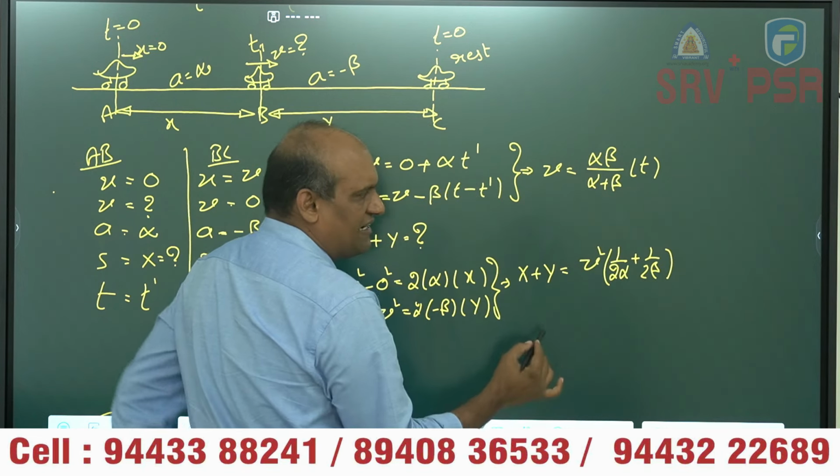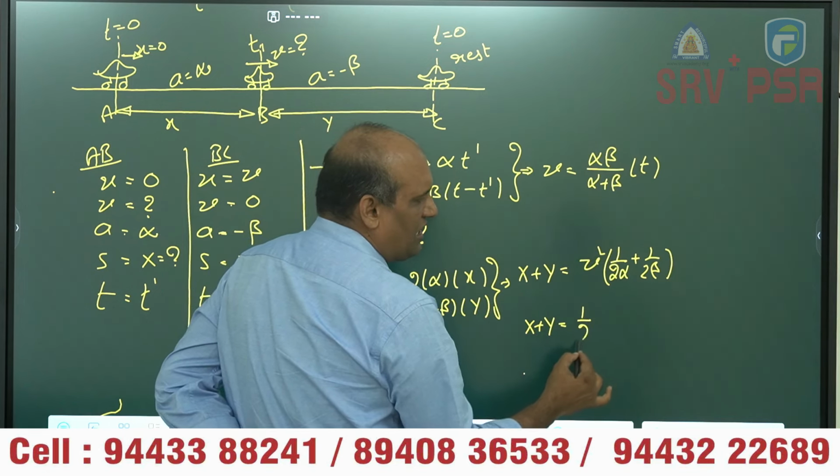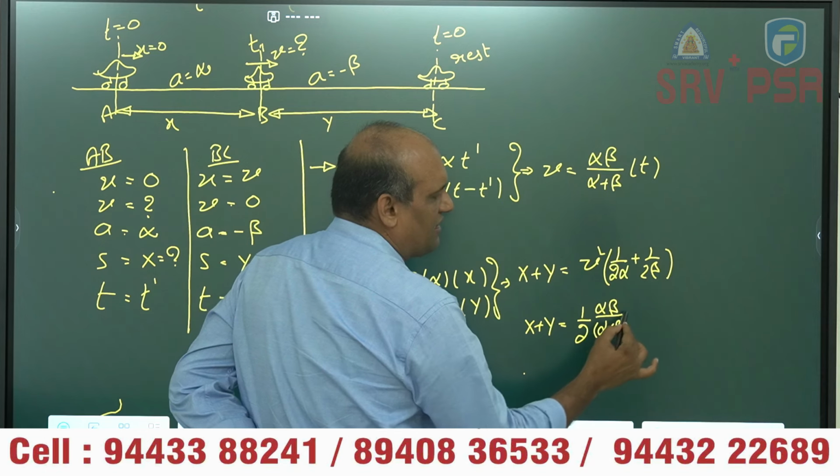Substituting V square here, the total distance covered is half alpha beta by alpha plus beta into T square.